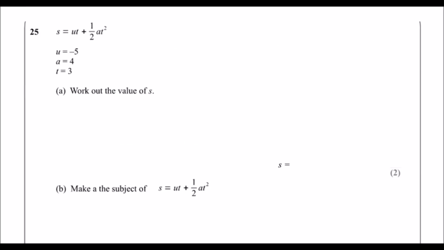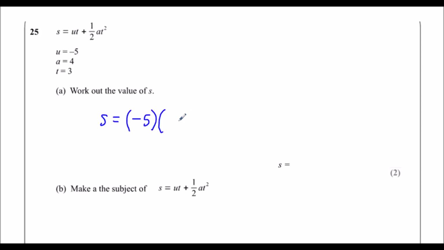Question 25. We've got s equals ut plus half at squared. We're told u is -5, a is 4, and t is 3. We need to work out the value of s. So this is a substitution question. So we're going to change u into -5. Wherever I'm substituting in for a letter, I'm going to put brackets and then the number inside the brackets.